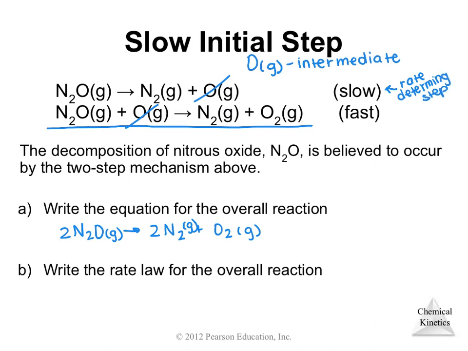So this is unimolecular because I just have one reactant, which means my rate law should be rate equals K, N2O. I don't write the 1, so that is my rate law. Now, just like the other ones, if I was given some data for the rate and the concentration, then I could plug it in and I could solve for my K value in the same way that I have solved in other steps.